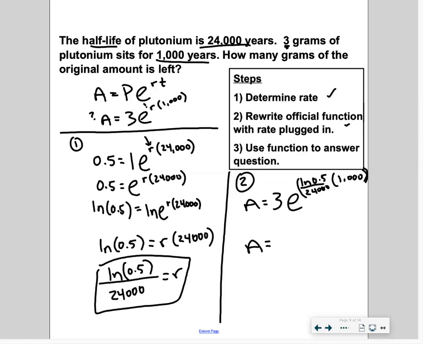Never mind. You should be getting 2.915 grams.